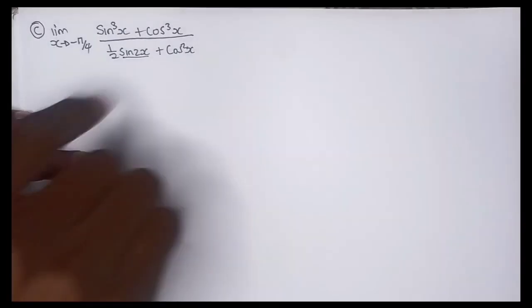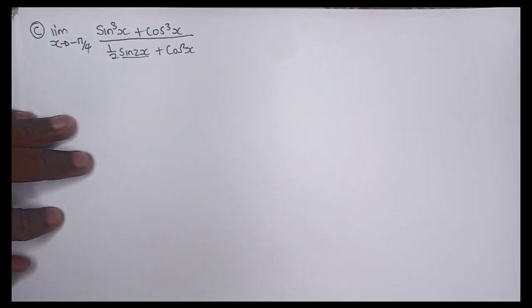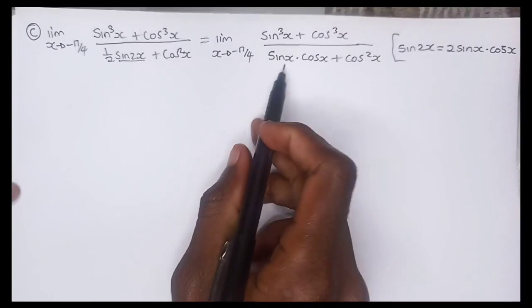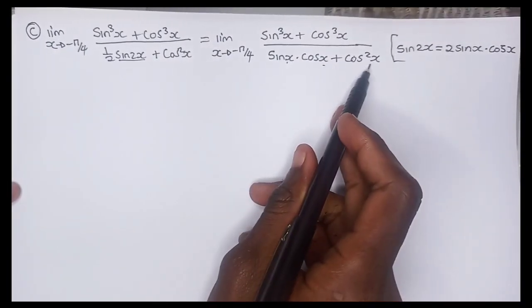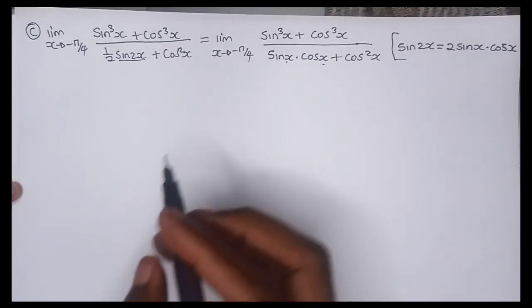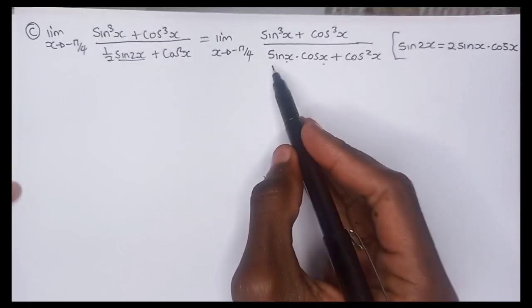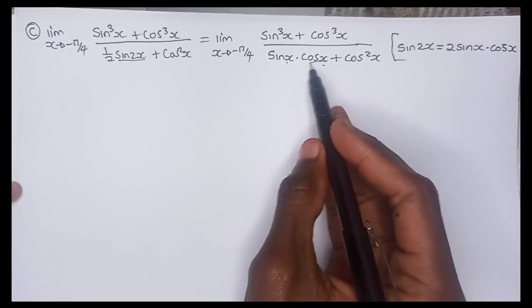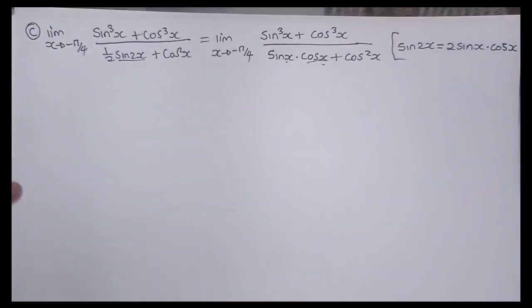So if I substitute that into this limit, I'm resulting with sine x cos x plus cos squared x in the denominator. Proceeding with the limit, I can still factor out cos x in the denominator.